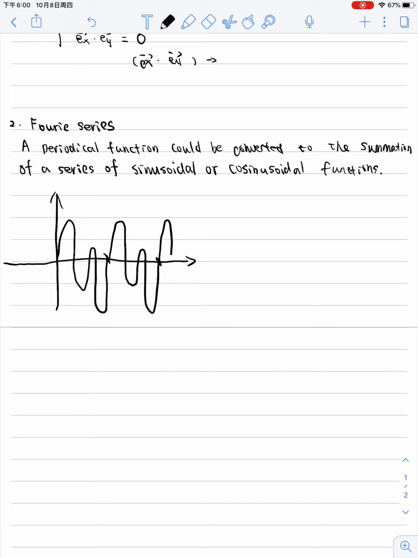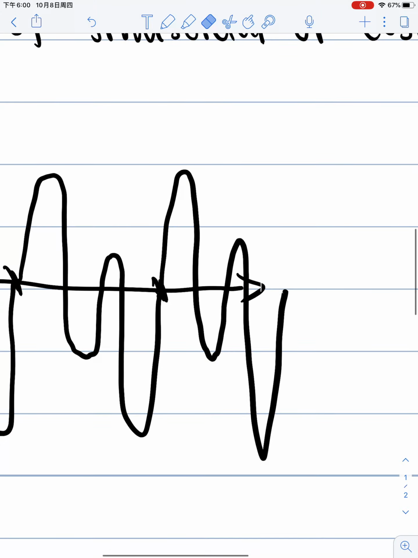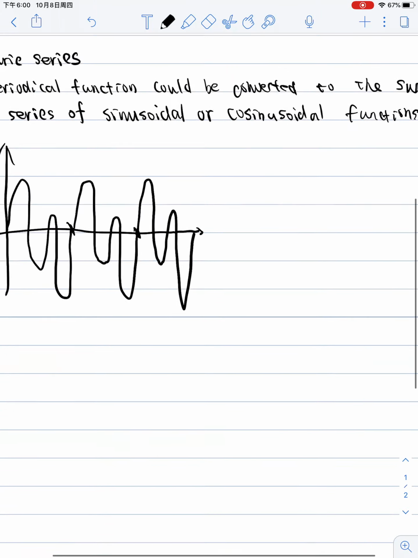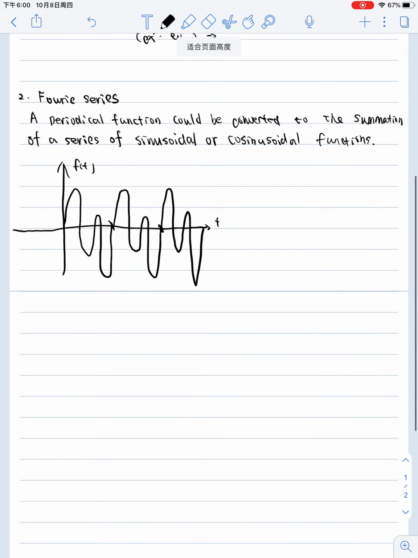It's not a standard sine function or cosine function, but it's periodical. So, for example, we have this, and this is in the time domain. This is t, and this is f(t). So that means we could use the Fourier series.